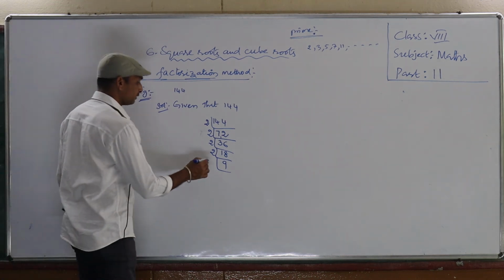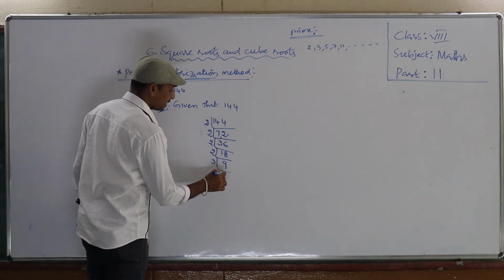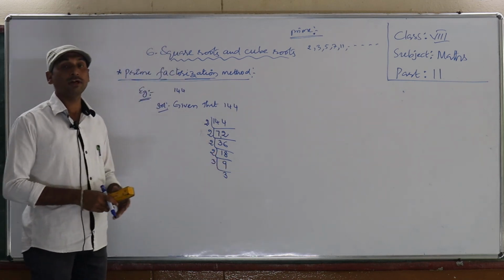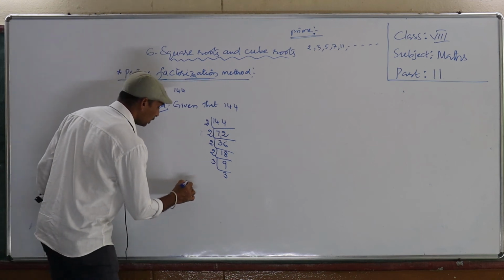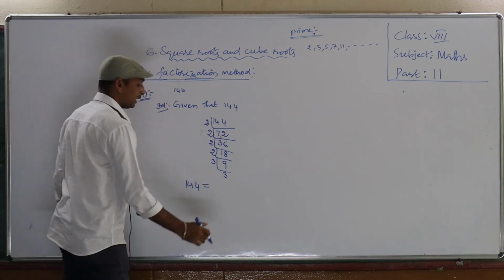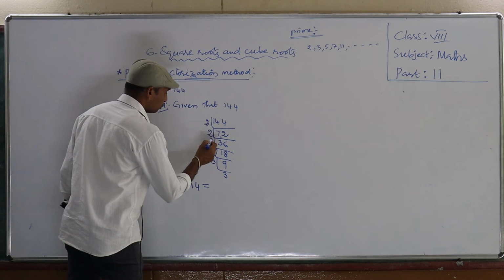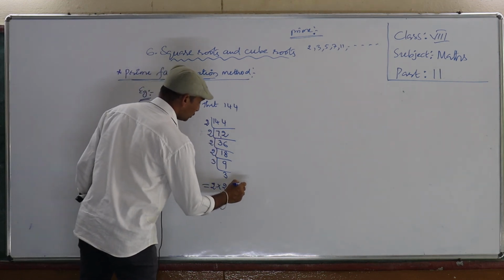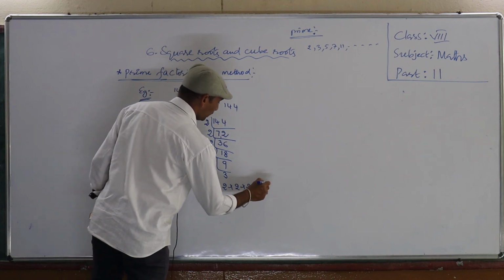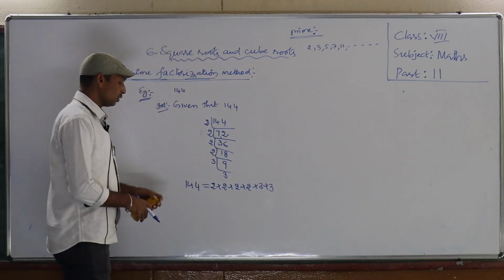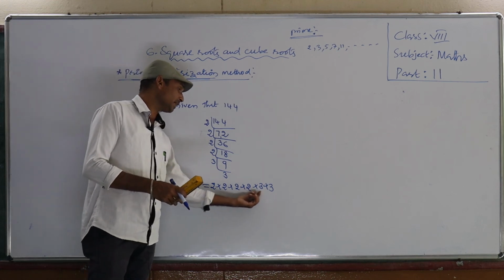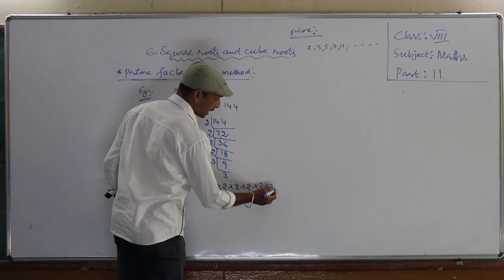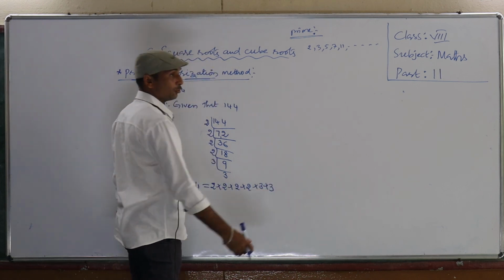So that's why I am taking 3, because 3 is a prime number. I am using only prime numbers, children. Don't get confused. So now we can write 144 as 2 into 2 into 2 into 2 into 3 into 3.